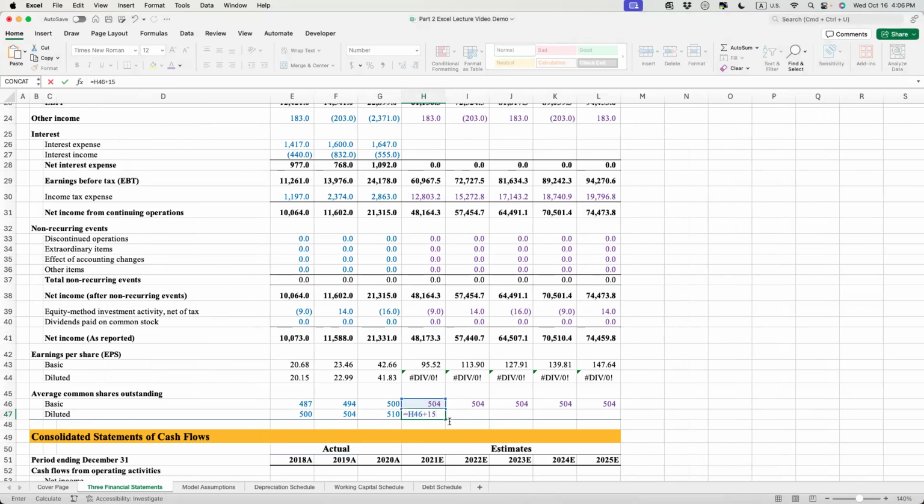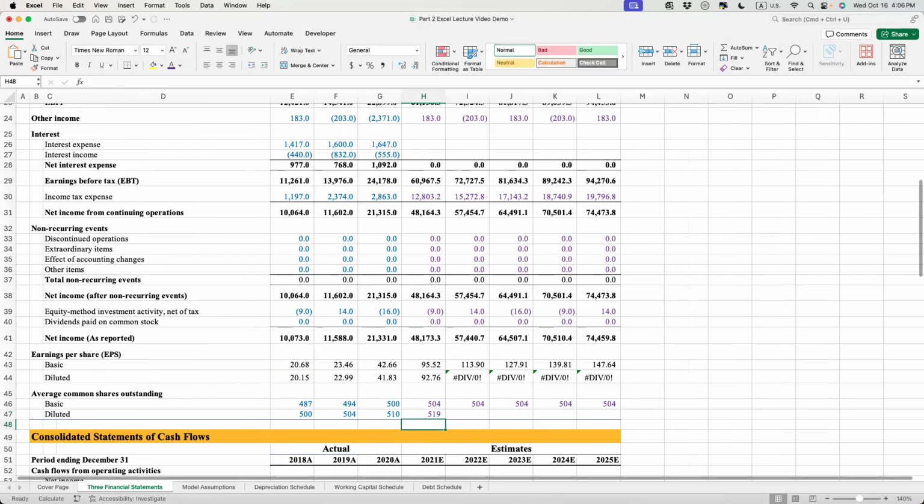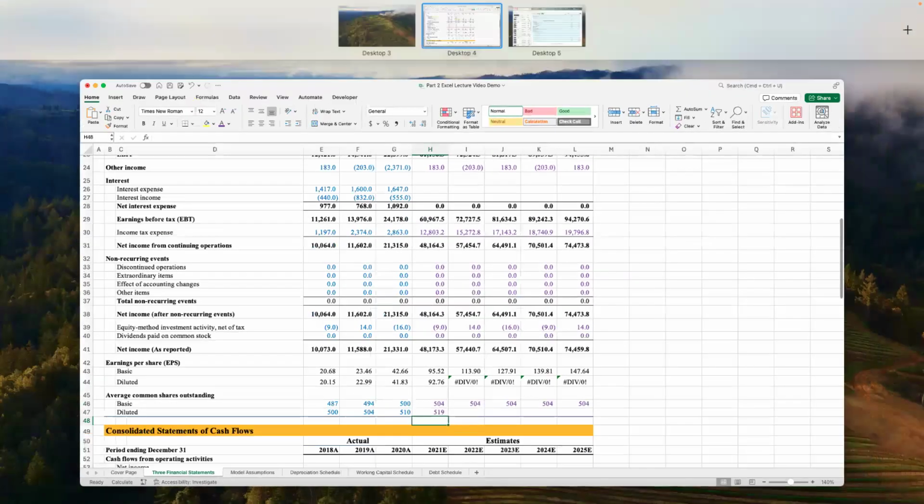So we're going to just use plus 15. Again, where is this 15 coming from? This is from Amazon's Q1 2021 earnings presentation. There are presentation slides. They showed you that the basic shares are 504 and the additional options are 15.